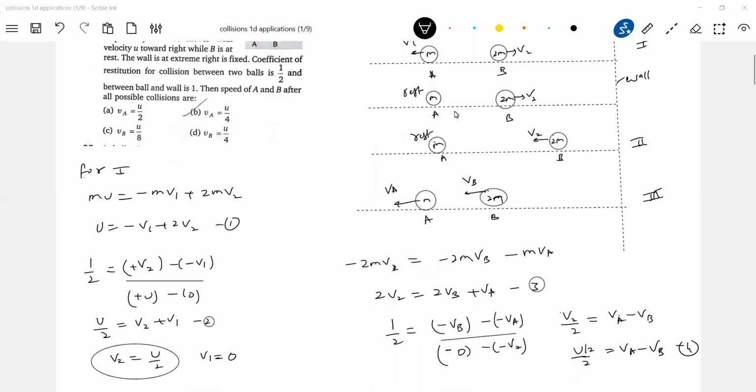Why will A come to rest? Because of the equation, no? Why A will come to rest: v1 I got 0. What, you don't believe in these equations? What all we did, it's not correct?